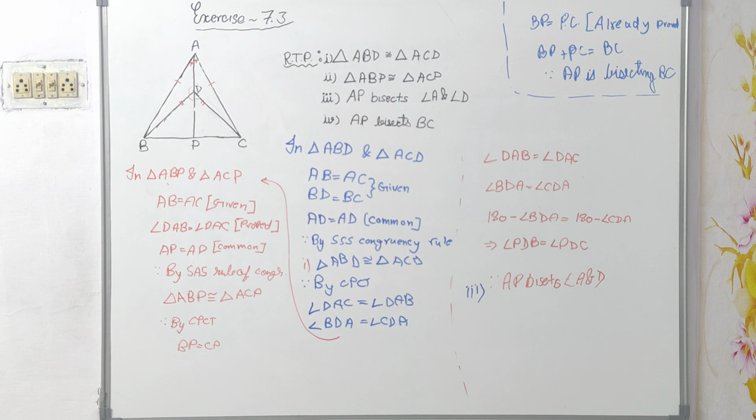Friends, in this question, you have to draw figure by yourself. So let's draw it. AD is an altitude of an isosceles triangle. Let's draw. So yes, this is an isosceles triangle with AD is altitude.